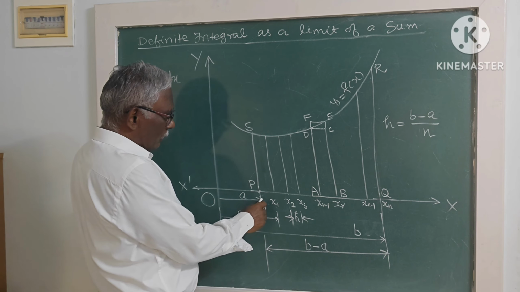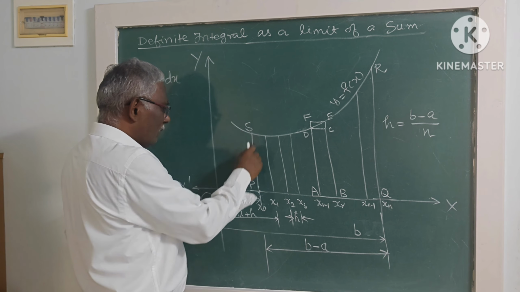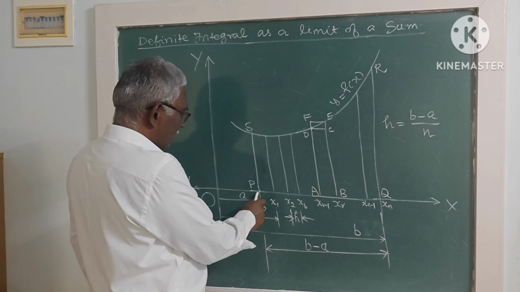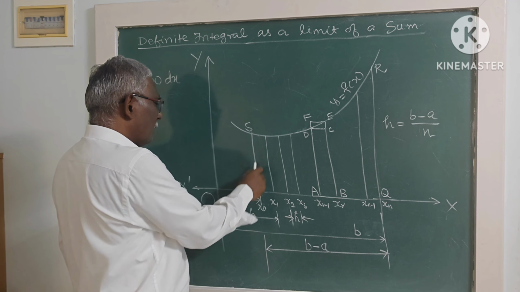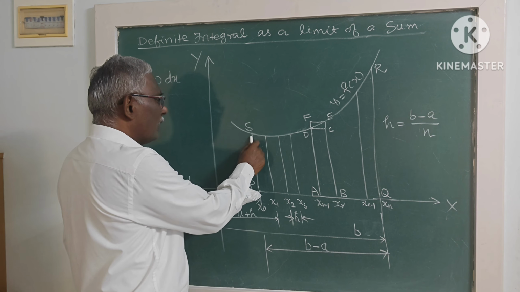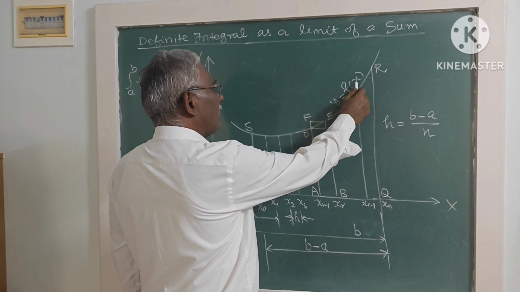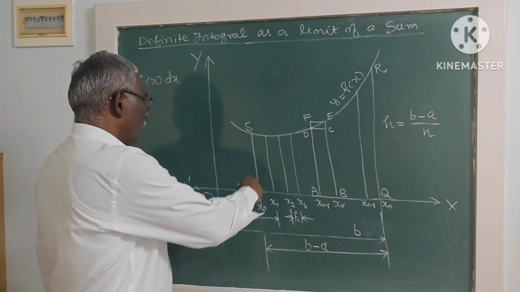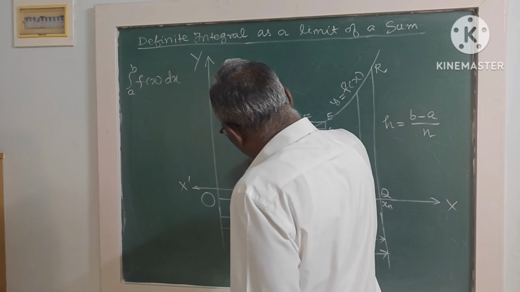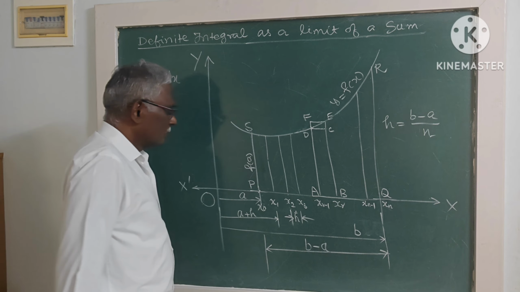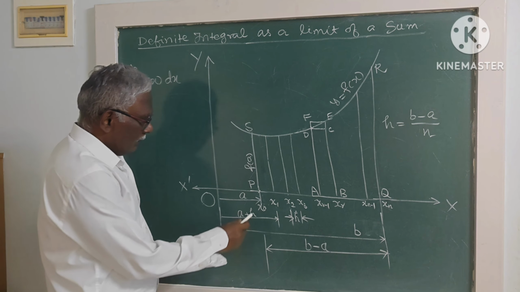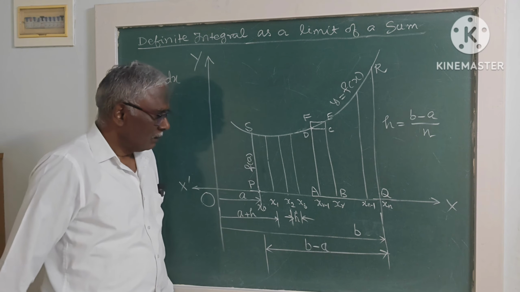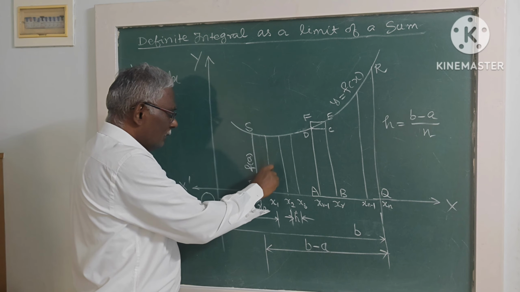So, if OP is equal to a, then what is the value of PS? x is a, then PS is nothing but y. What is y? When x is a, y is f of a. So PS is nothing but f of a, and x1 is a plus h. What is this height?